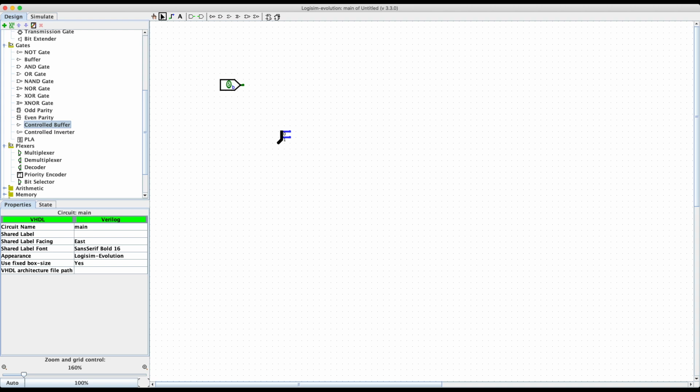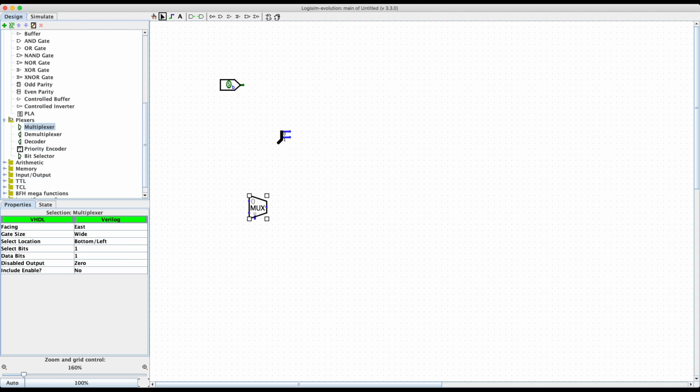All right, plexers. So let me plop down a multiplexer, a decoder, and a demultiplexer. So what's the difference between a multiplexer and a demultiplexer? Yeah, the direction.